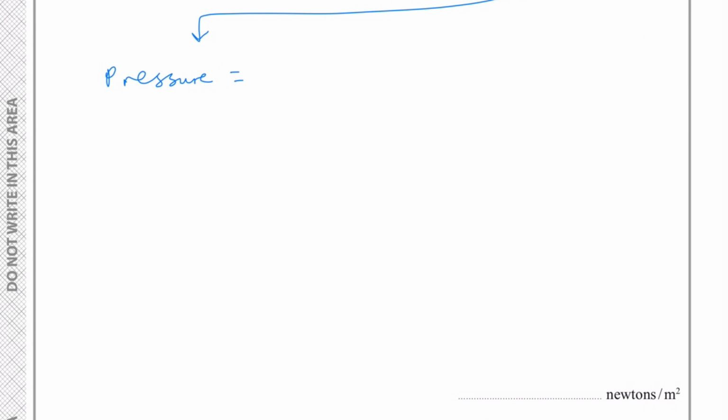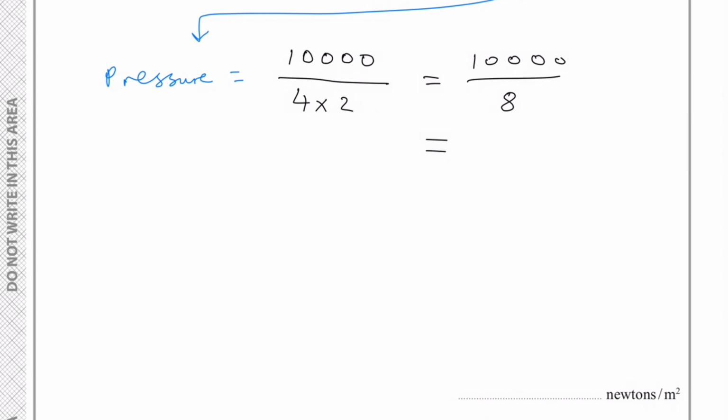For the value of force, they've given that already in the question as 10,000. And for the area, we're told that the base of the tank is a 4x2 rectangle. So the area is 4x2. Now that's just equal to 10,000 divided by 8, which gives us an answer of pressure as 1,250, which we can write down here.